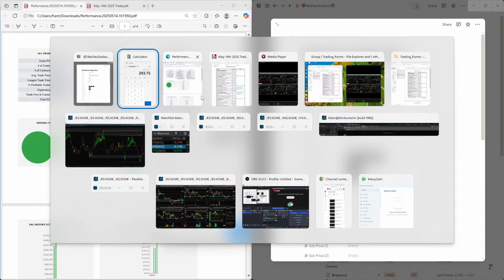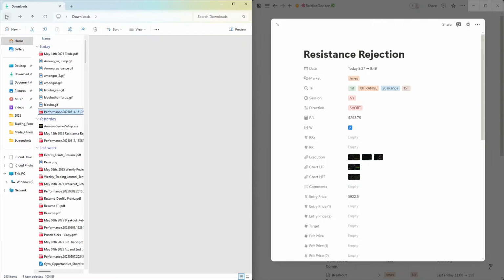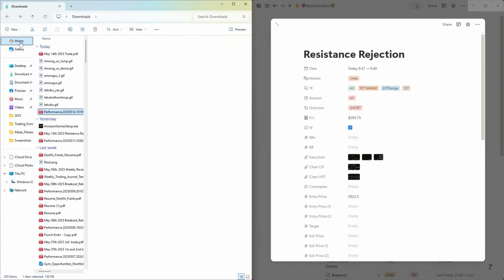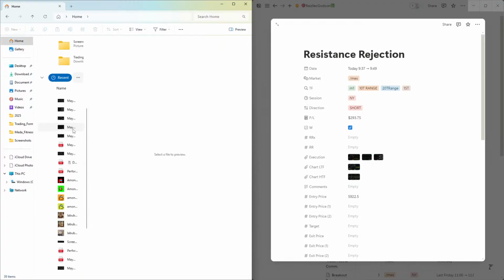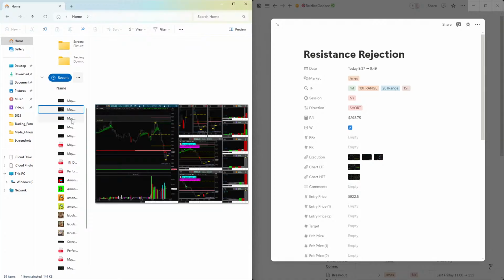Where are the, there it is. Alright, so for that one, I just want to look at the higher time frame candles.